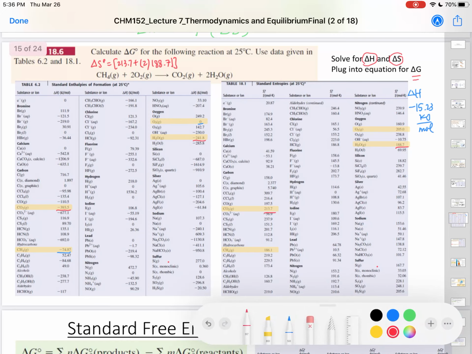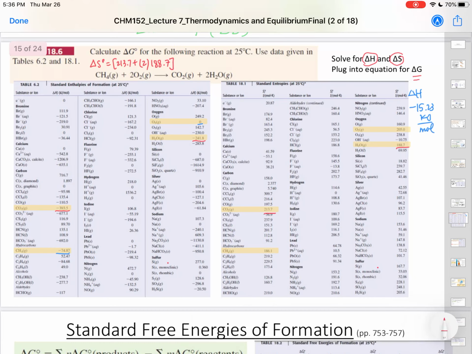The water is 188.7. All right. Then we're going to subtract from that the reactants. CH4 is 186.1. And we have 2 oxygens, so 2 times 205.0.